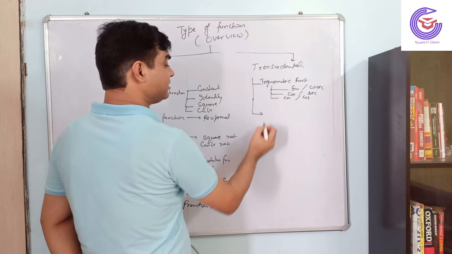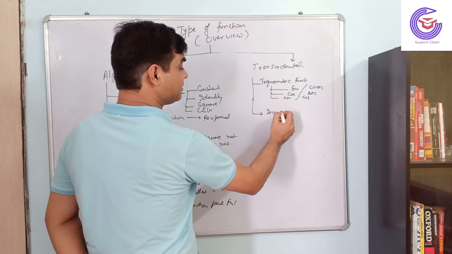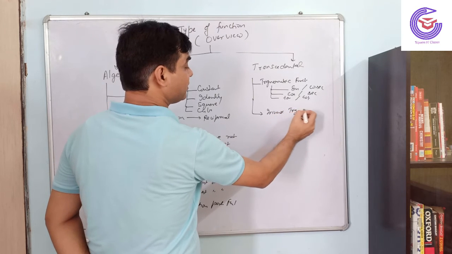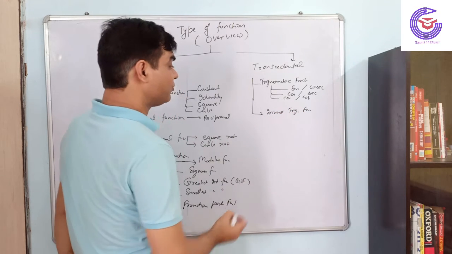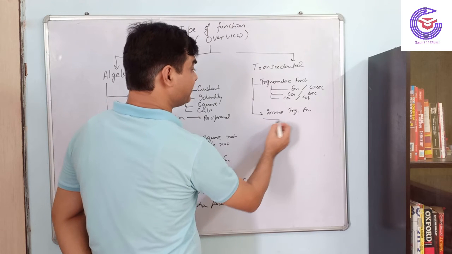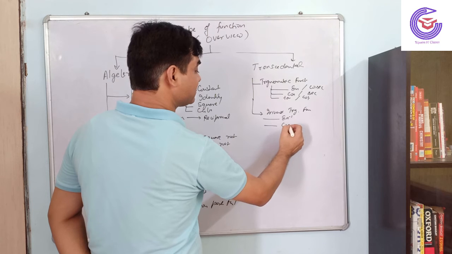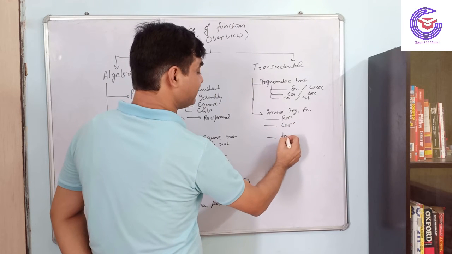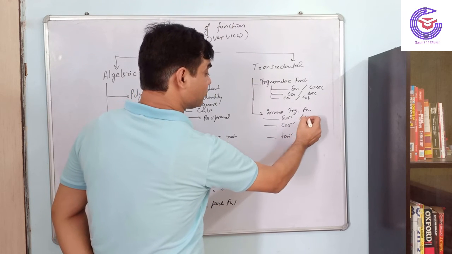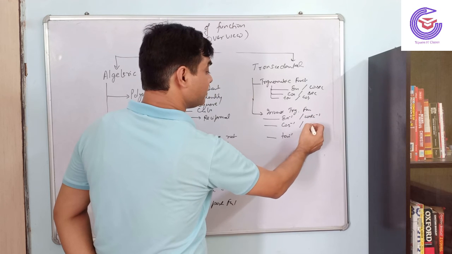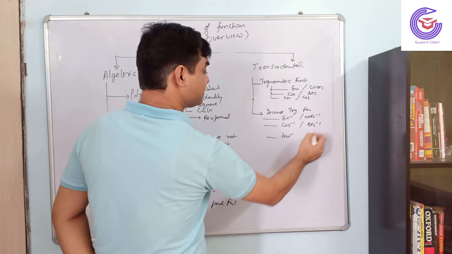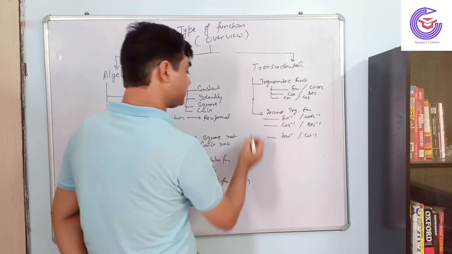The second category is inverse trigonometric function. Again in this category we have sine inverse, cos inverse, tan inverse, and then cosec inverse, sec inverse, and cot inverse.